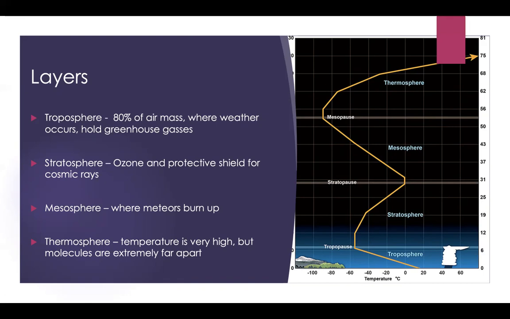So this is where cosmic rays really have an effect on the molecules, causing them to heat up and have extremely high temperatures, but the molecules are extremely far apart. So it's basically the start of space. And there's a lot of debate on when space starts and when the atmosphere ends, and that kind of occurs in the thermosphere layer.